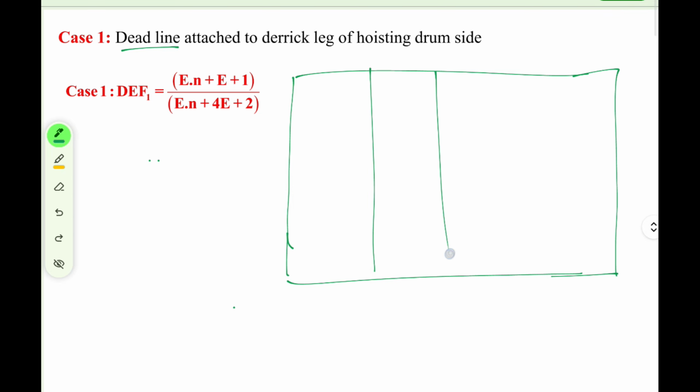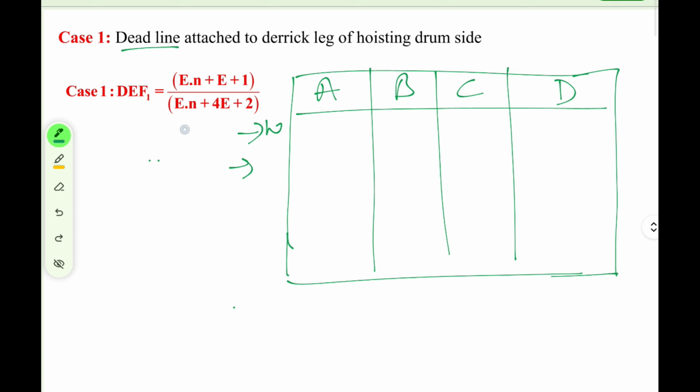Legs A, B, C, and D, and the loads are hook load and fast line load. This is the hook load, this is FS, the fast line, W by NE, and FD, FS, FF. FS is the fast line, and the dead line is W by N, right? These are the things over here.